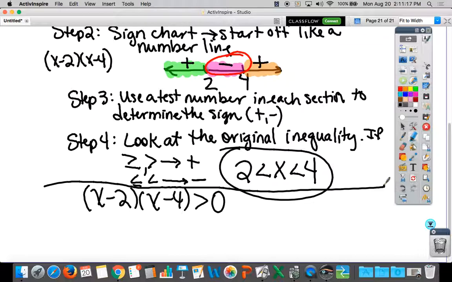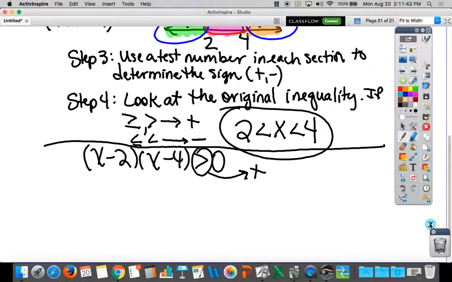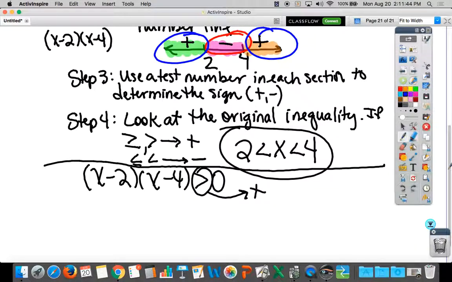Okay, so I'm doing the same problem, but this time I have a different inequality. It's saying greater than. So I want which signs? The positives. So in this case, I want this section and this section. Greater means "or." Ors are written together or apart? Apart. So which section does this show me?